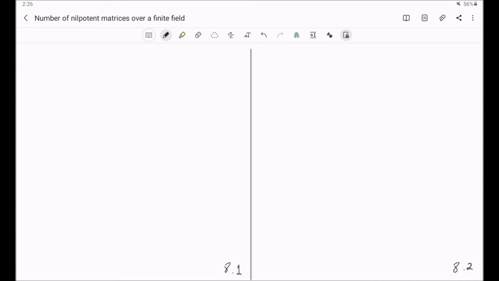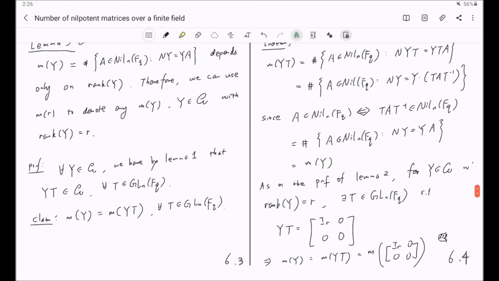To compute M of r, we look at the proof of lemma 5. In particular, we look at the end of the proof. At the end of the proof of lemma 5, we concluded that M of y is equal to M of this canonical matrix of rank r whenever y has rank r.